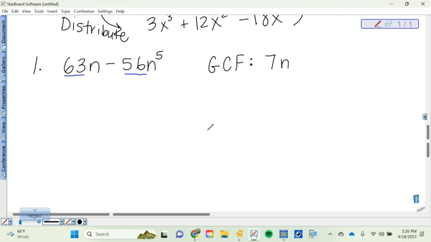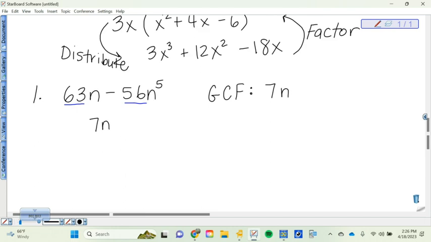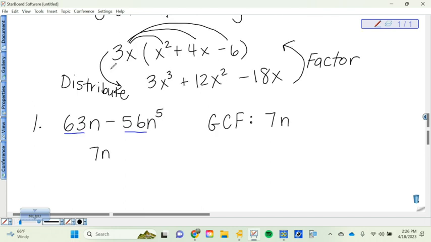Now we're going to take it a step further. What I do is I take 7n and I stick that out in front, just like I had up here. And then I set up my parentheses. Now I have to think about 7n times what would give me 63n? 9, exactly. 7n times what would give me 56n to the 5th?